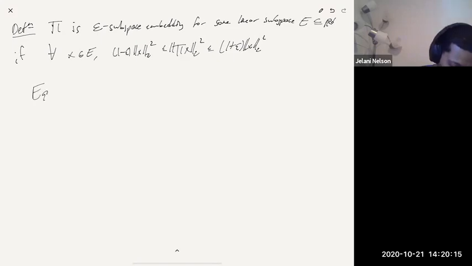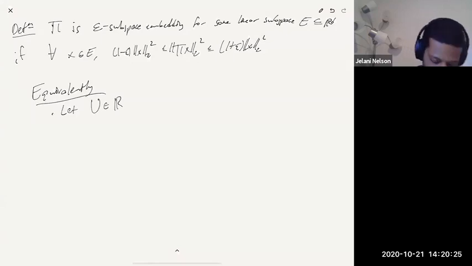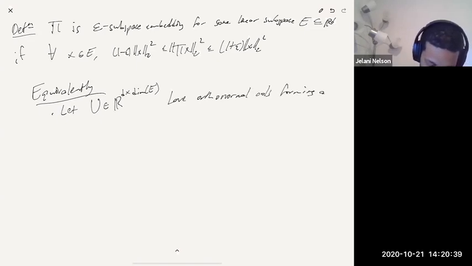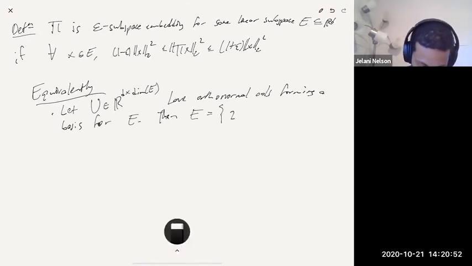So equivalently, let U be a D by dim E matrix with orthonormal columns forming a basis for E. Then, even without the orthonormality, just the fact that it's a basis means that E can be written as the set of all vectors X such that there exists a Z where X is equal to UZ.